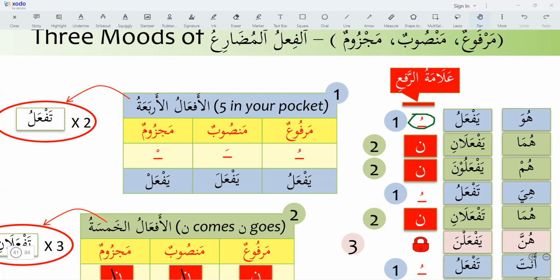Then in huma yaf'alani, this noon is alamte rafa. And in hum yaf'aluna, noon is alamte rafa. Here taf'alu, this dhamma is alamte rafa.